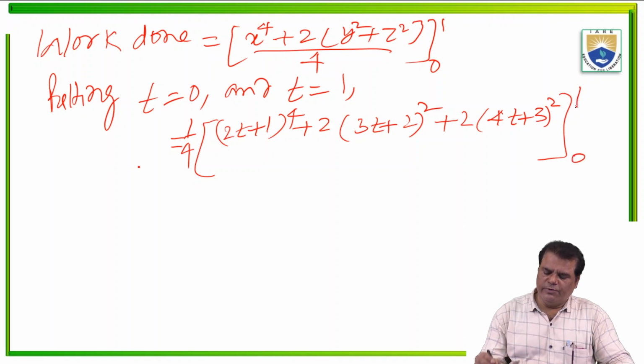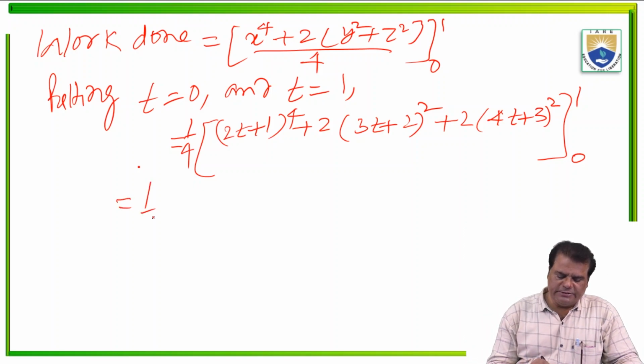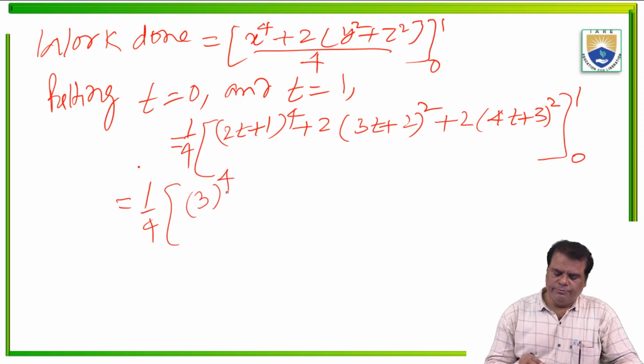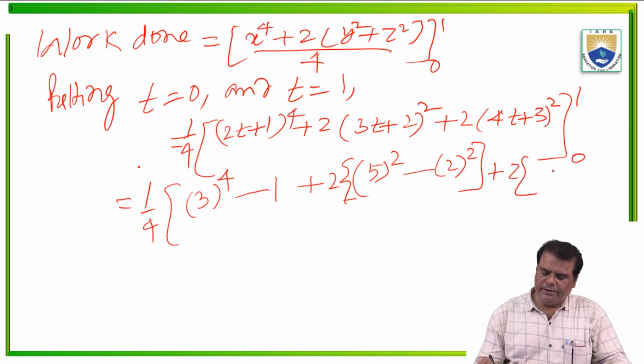Now apply the limits 0 to 1, minimum 0, maximum 1. So upper limit minus lower limit. Putting 1, 2t plus 1 is 3, so 3 to the power 4 minus 1, plus 5 to the power 4 minus 2 to the power 4, plus 7 to the power 4 minus 3 to the power 4.